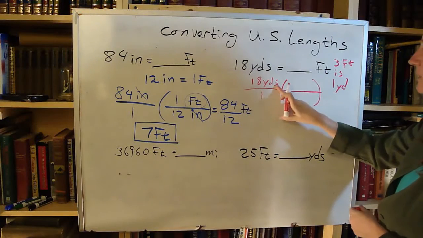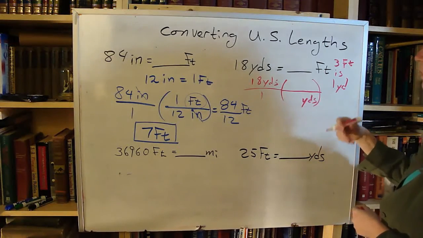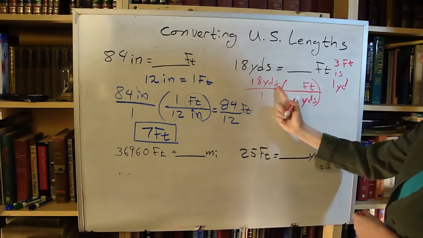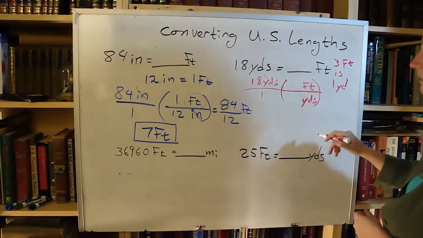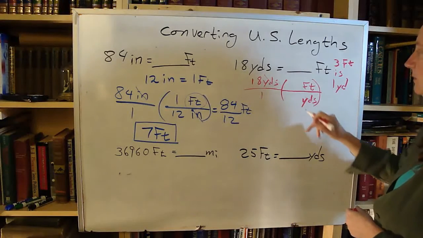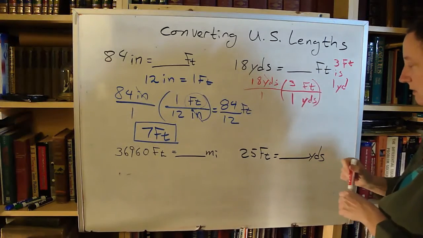I want to get rid of yards. I want to go to feet. Yards are on the top, yards are on the bottom. Yards will cancel out. Put my units in first. 3 feet is 1 yard.